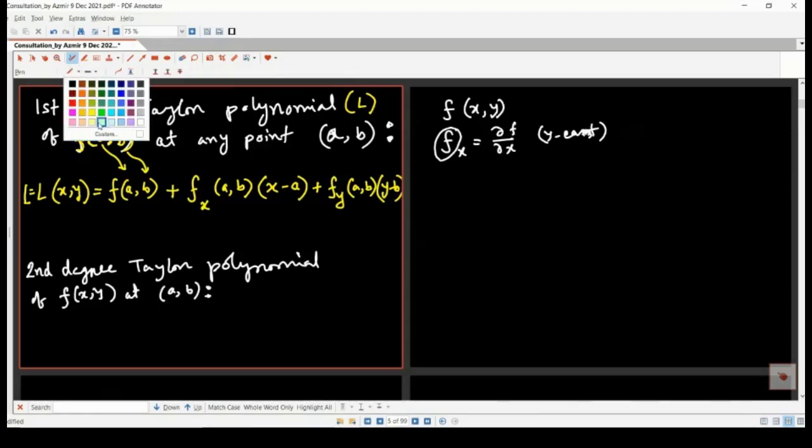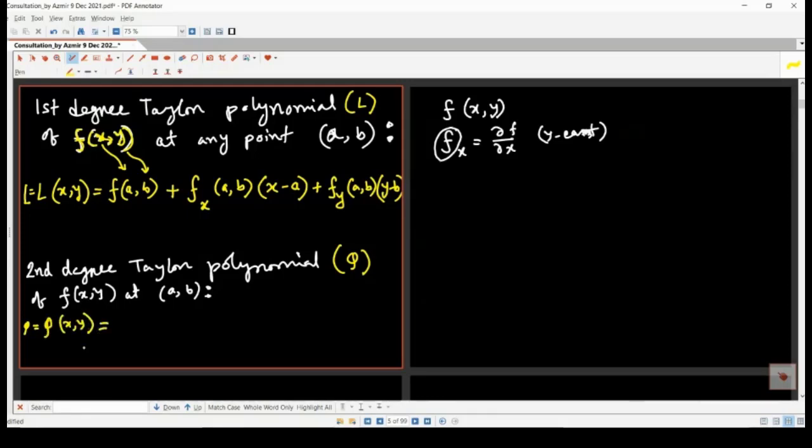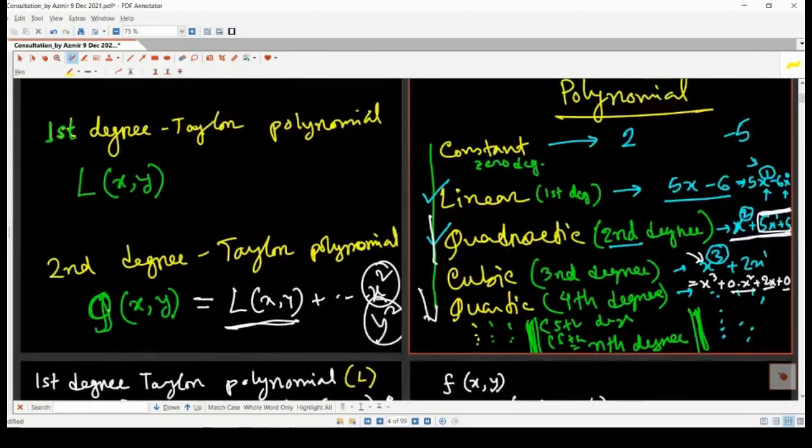So we know that second degree Taylor polynomial is known as q, or we can also say q of x comma y. So you know that for quadratic polynomial, that polynomial has x squared term.